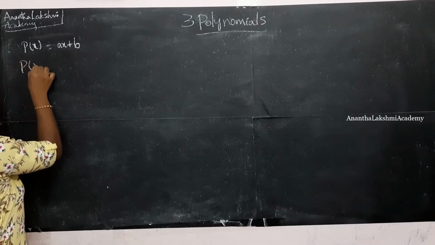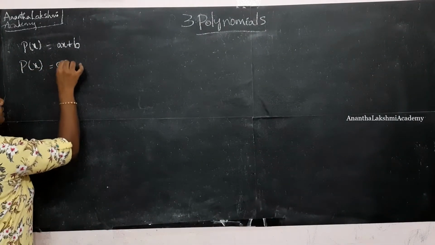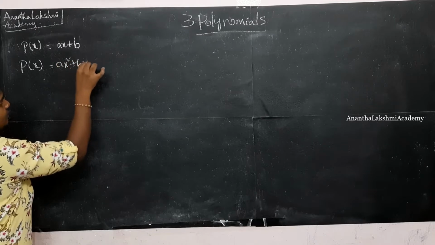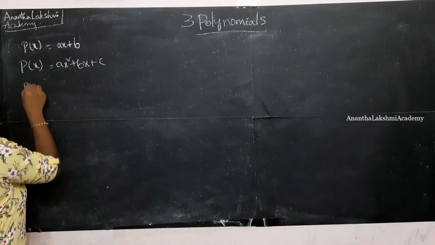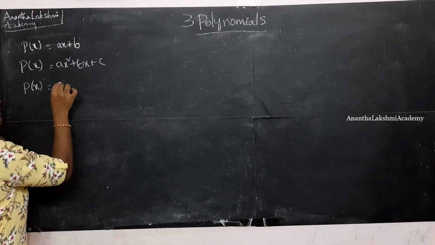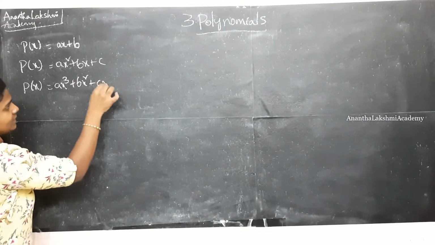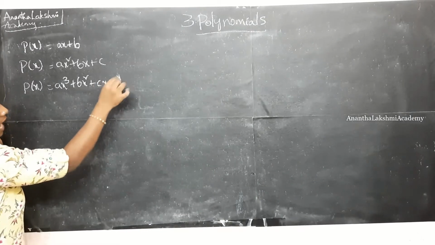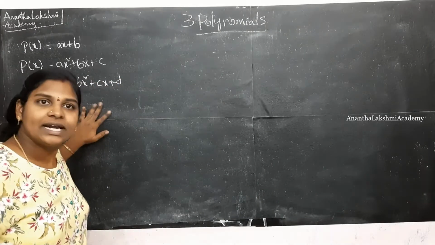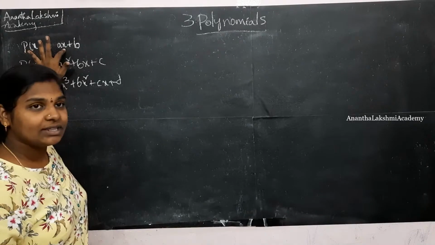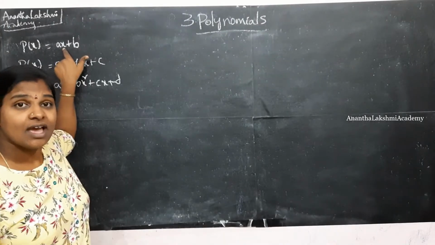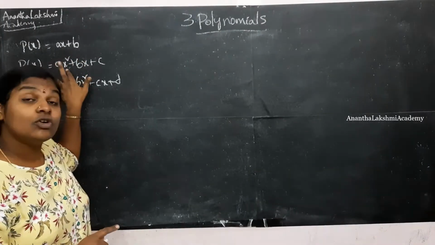Next, again, p of x is equal to ax square plus bx plus c. And p of x is equal to ax cube plus bx square plus cx plus d. If you have understood how I am writing this, this is x power 1. The degree of the first polynomial is 1. The degree of the second polynomial is 2.